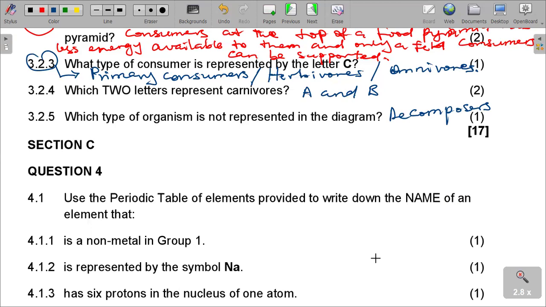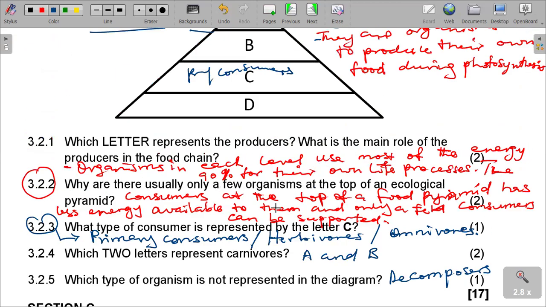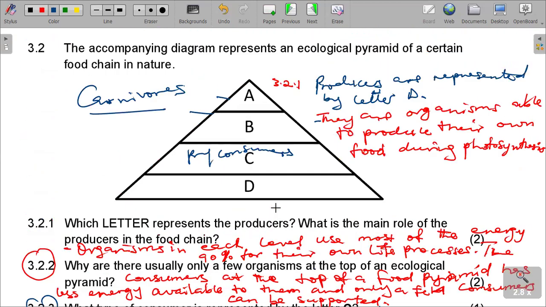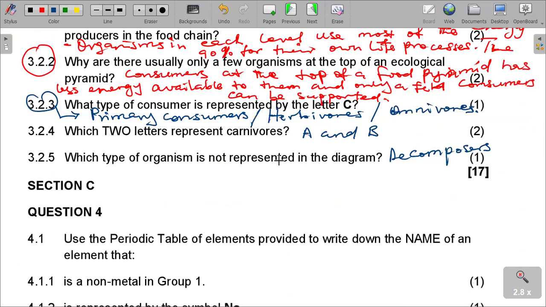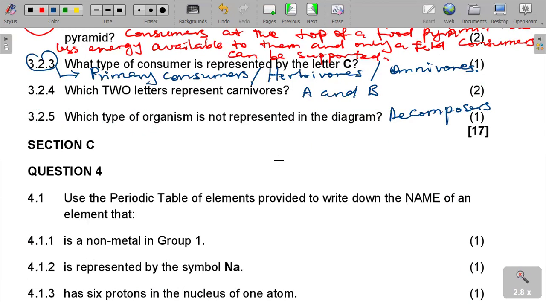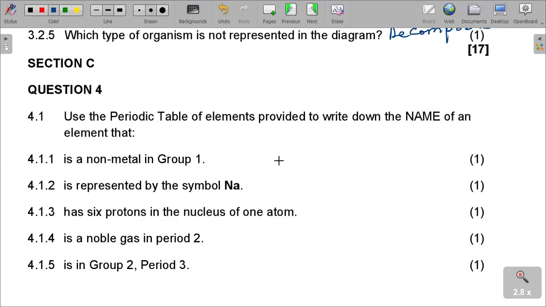Decomposers are the ones that are not represented, because we said carnivores are A and B. So decomposers might not be represented there.